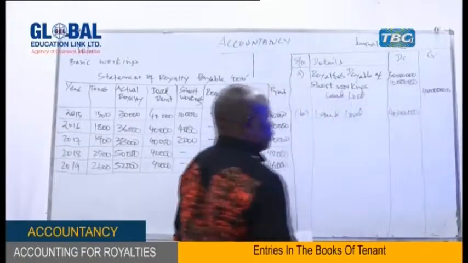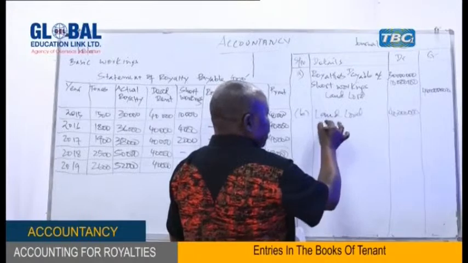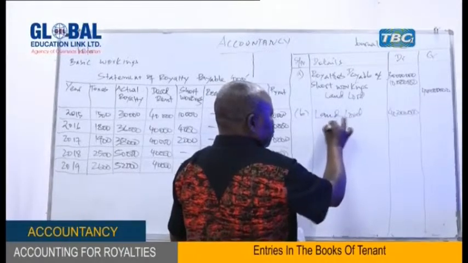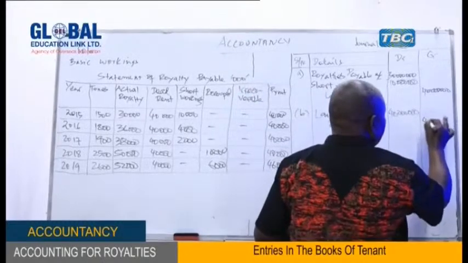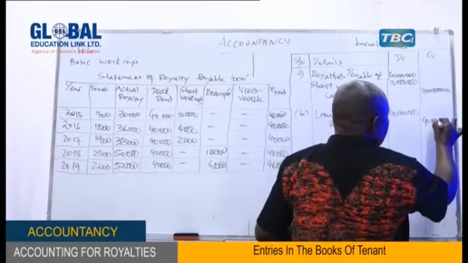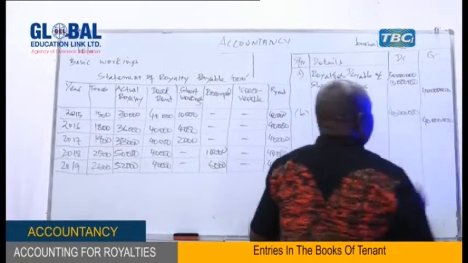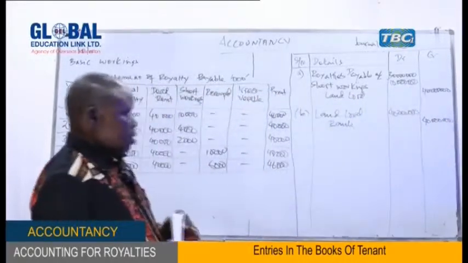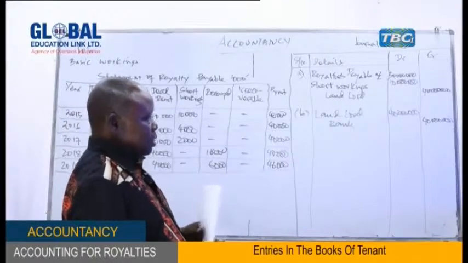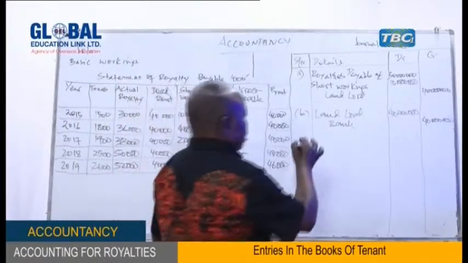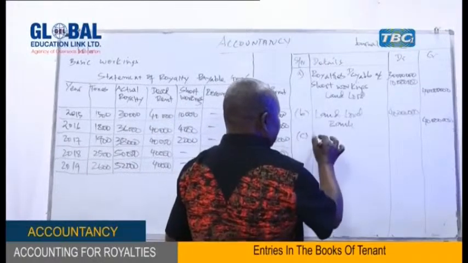We are going to credit the bank account 40 million. Then on the closing now of the entry, we are sending this to production because it's called mine. So we transfer now to manufacturing account.